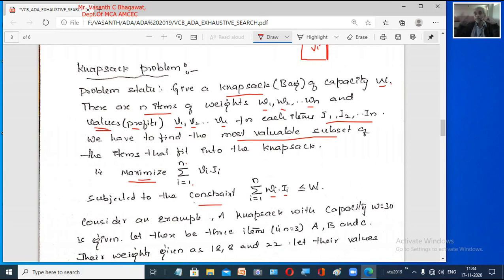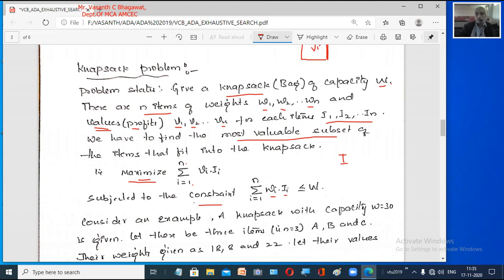Say, for example, there are 3 items in front of us, I1, I2, I3. Out of these 3 items, you should select in such a way that the total weight is less than W, because this is the maximum capacity of our bag. You can't put more than that capacity.